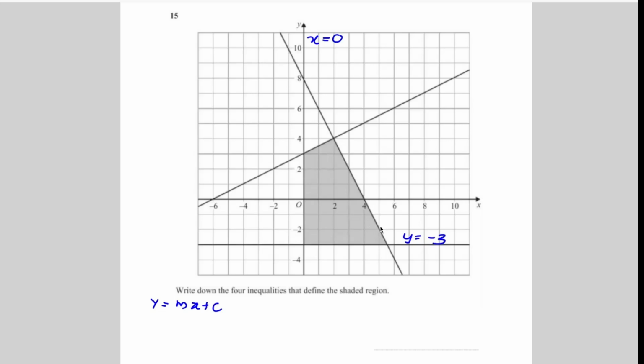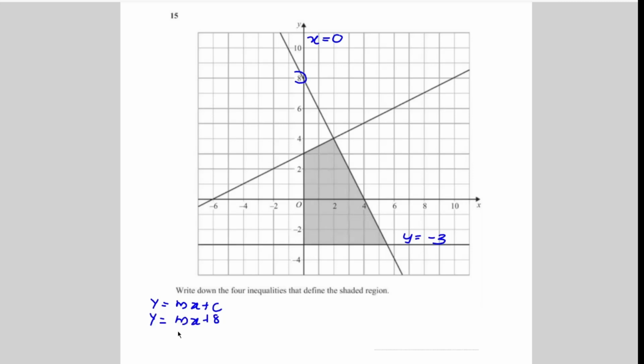Y-intercept means where the line cuts the y-axis. So if you go along the line, check out where it cuts the y-axis. Here, this is the position where it cuts the y-axis. Then c I can get as 8. So we found what c is.